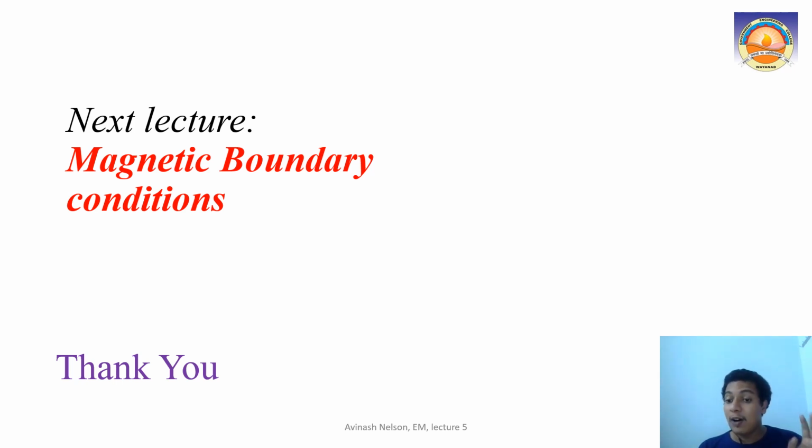There only the normal component of electric flux density or electric field will exist. So that is the main point for conductor dielectric or conductor free space boundary conditions. Conductor free space is just a special case of conductor dielectric, where we replace epsilon 0 epsilon r with epsilon 0 because the relative permittivity is 1 for free space. So this is about boundary conditions.